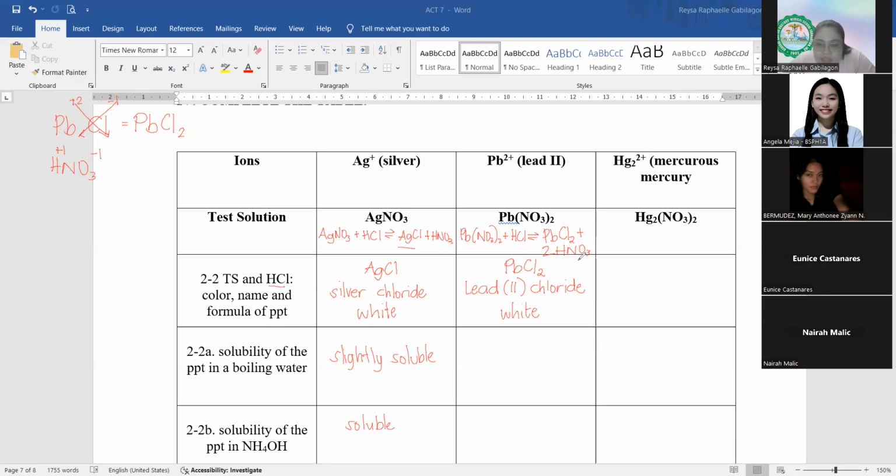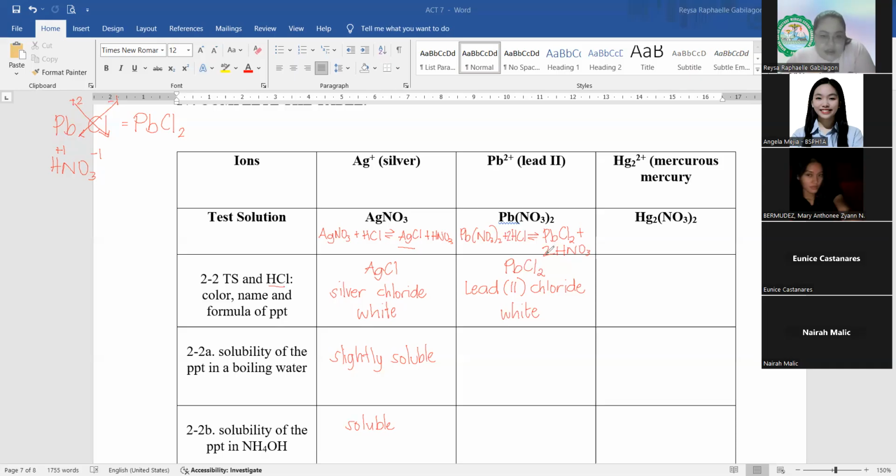So, dalawa na yung nitrate. Pero kasama niya si hydrogen. So, dalawa na si hydrogen sa product, pero sa reactant, isa lang. So, lagyan din natin ng 2 dito. So, dalawa na si hydrogen, kasama niya si chlorine. So, dalawa na si chlorine. On the other side, dalawa na originally sa kabila. So, balanced na. So, this is a balanced equation.